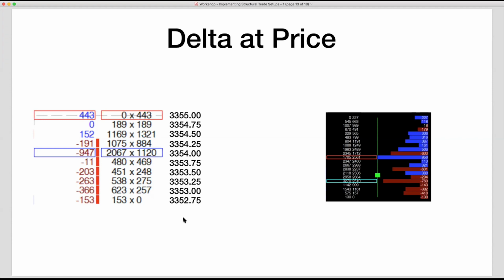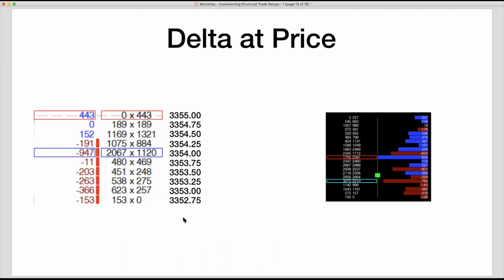And on the right, I'm showing the same data. I've actually got the delta at price on the right. I'm showing the actual numbers, but I'm also showing it in a histogram form, a delta profile that's colored according to whether it's positive or negative. So now you can start to see where there's big positive delta or big negative delta.